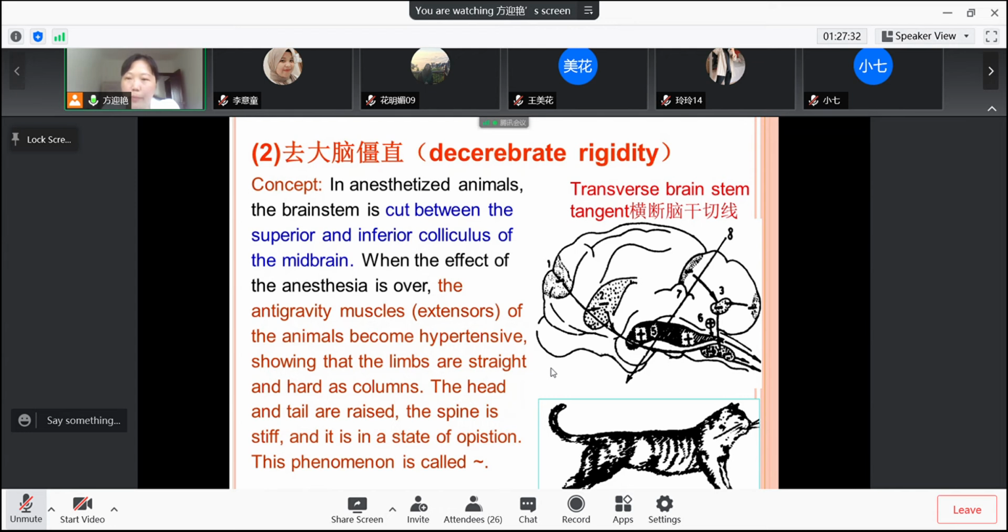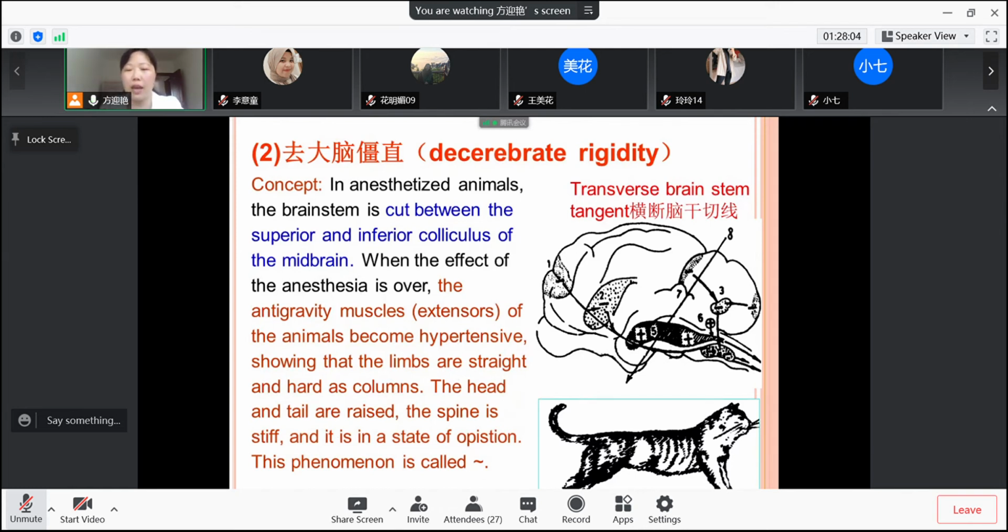The animals show mainly this decerebrate rigidity, the manifestation of anti-gravity muscle hypertonia. This is the major point. The other manifestations include that the forelimbs are straight and hard as columns, the head and tail are raised, and the spine is stiff.